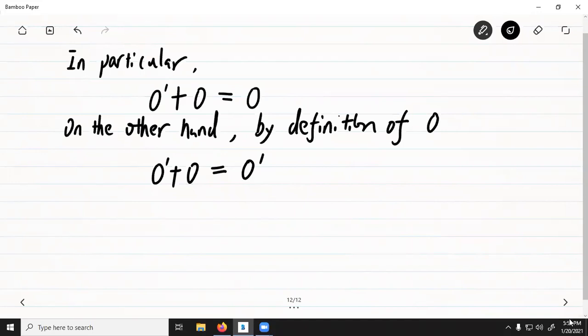So 0 plus any number would be that number. You compare these two: the expressions on the left side are the same, so you can conclude that 0 prime is equal to 0. Okay. When you complete the proof, draw a box and shade it.